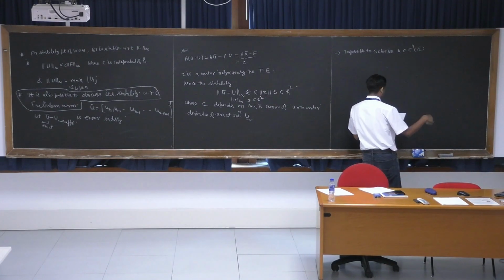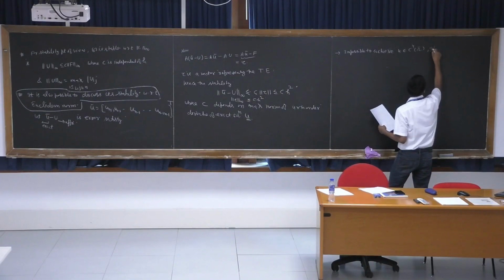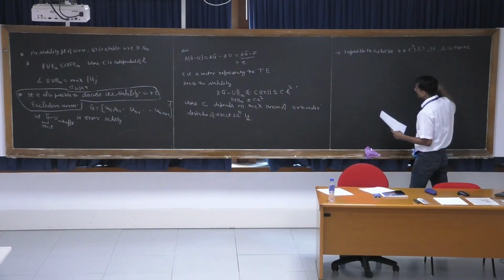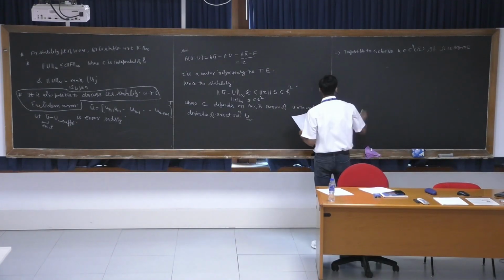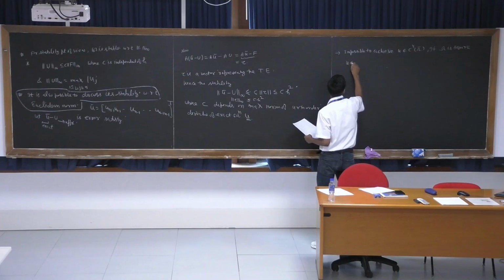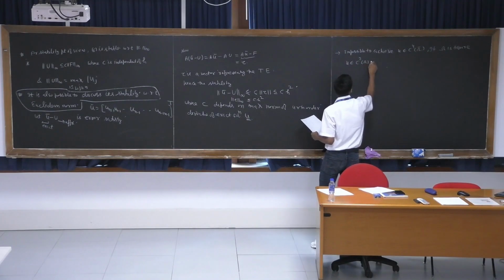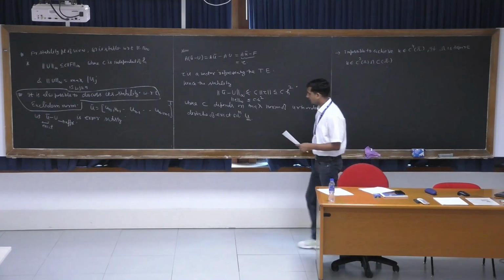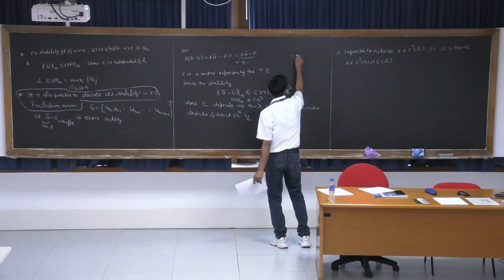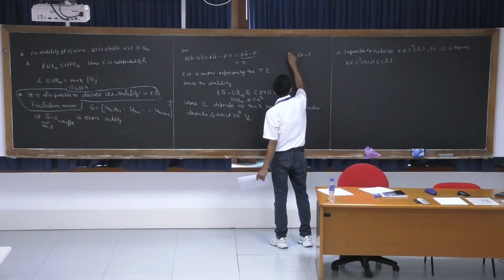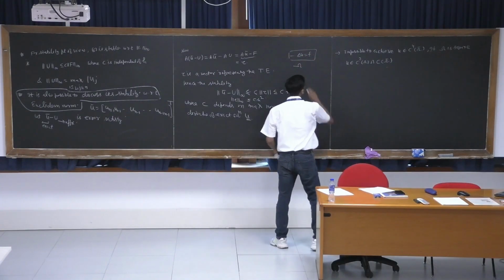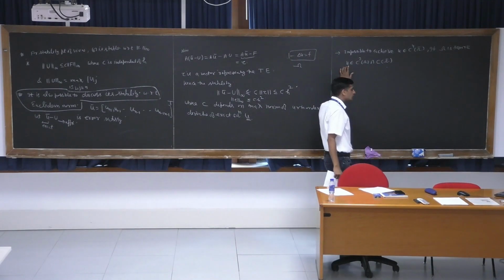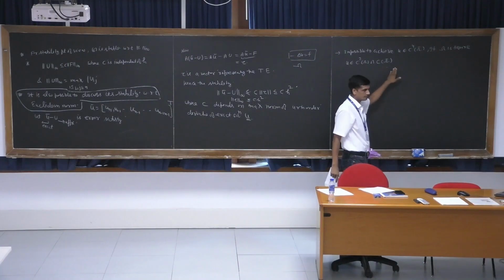If the domain is a square, as I have considered, then you can go at maximum to u belonging to C2 intersection C of the closure. Here, for our original problem, minus del u is equal to f, if our domain is a square, then our solution will belong to C2 and this.